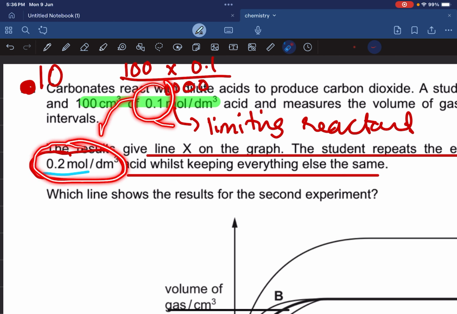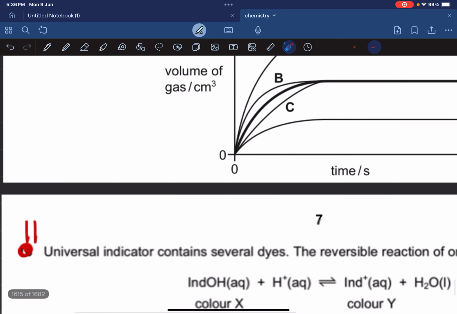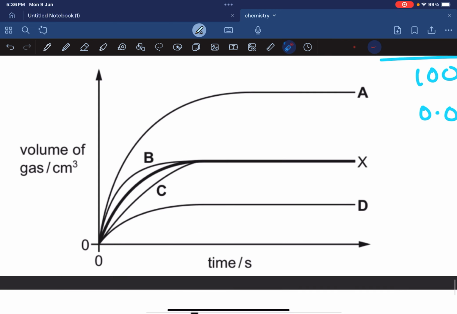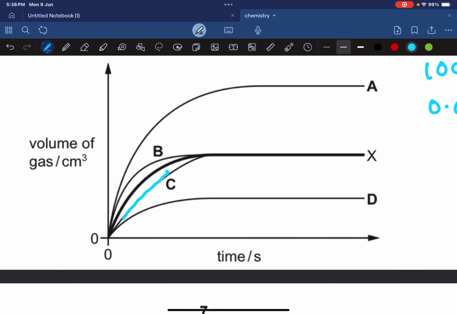I have doubled the concentration. And increasing the concentration increases the rate of the reaction. When my rate increases, my gradient becomes steeper. Tell me one thing, which gradient is steeper?